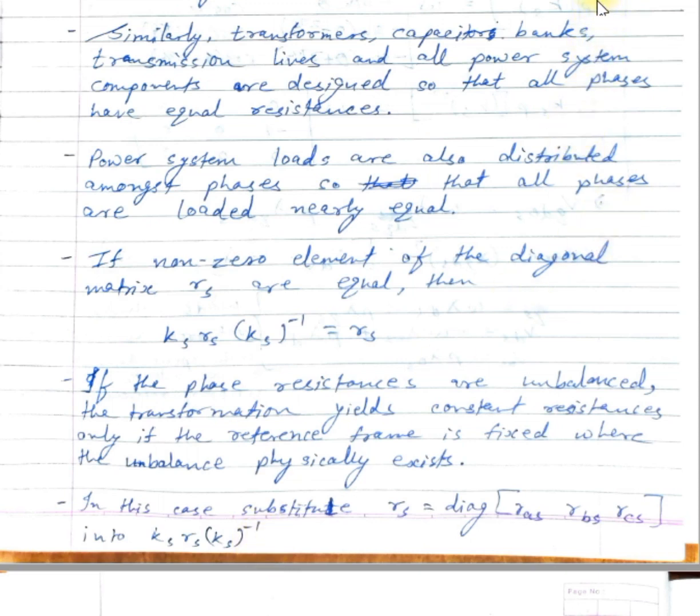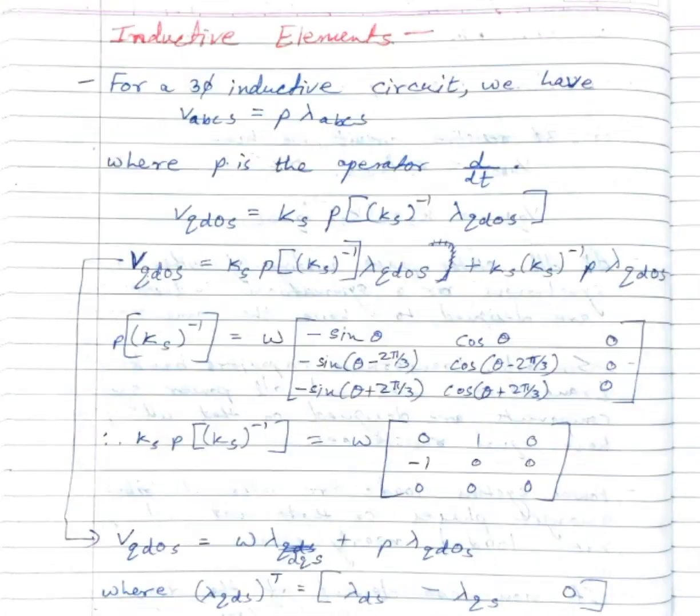Next, we'll move to the inductive element. So, for a three-phase inductive element, we have V ABCS equal to P into lambda ABCS, where P is nothing but an operator, the d by dt operator.